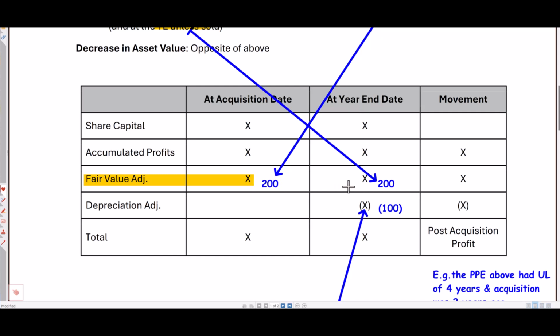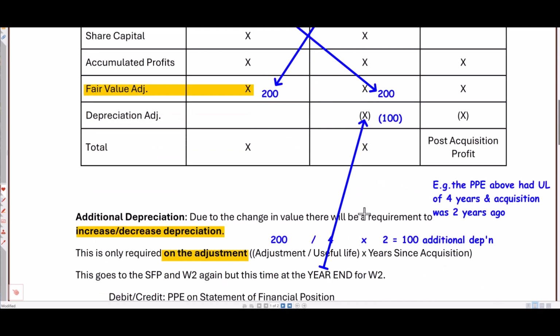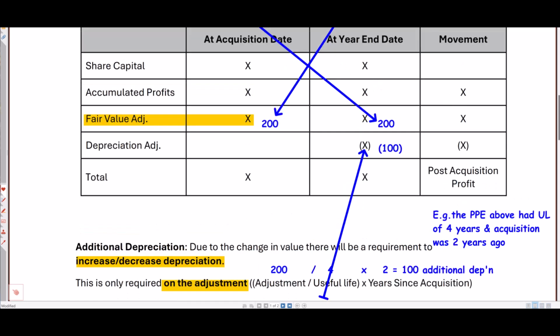So we adjust the asset up, we then do additional depreciation, and then we just add it all up as usual. It'll be reflected in our post-acquisition profit over on the right hand side here, because we'll have the movement on the accumulated profit. We'll have our adjustment here, which will be 0 change in the fair value adjustment, and then we'll have our depreciation here.